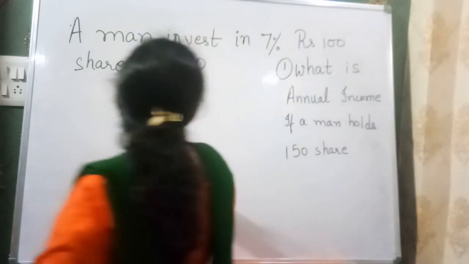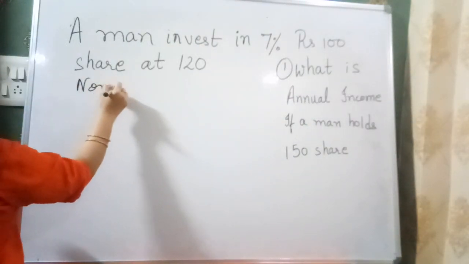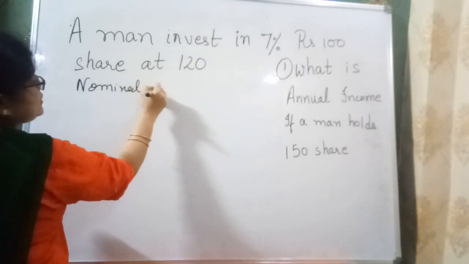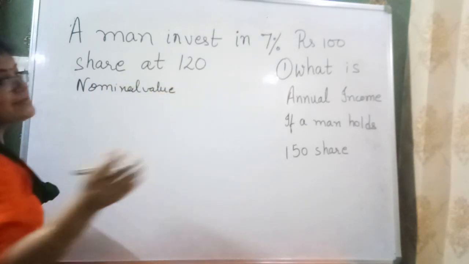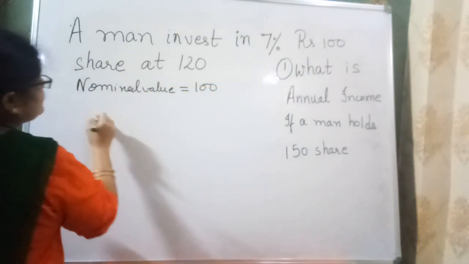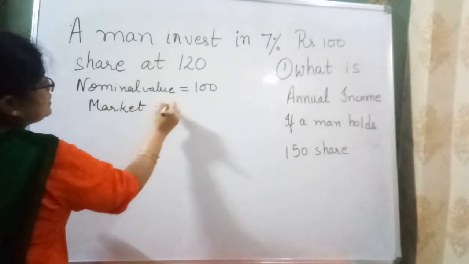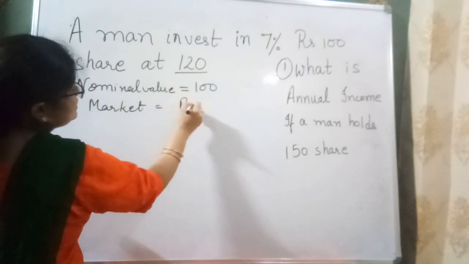That means the nominal value of the share, as I told you earlier, firstly you have to analyze the question. Nominal value is rupees 100 and the market value of that share is rupees 120.